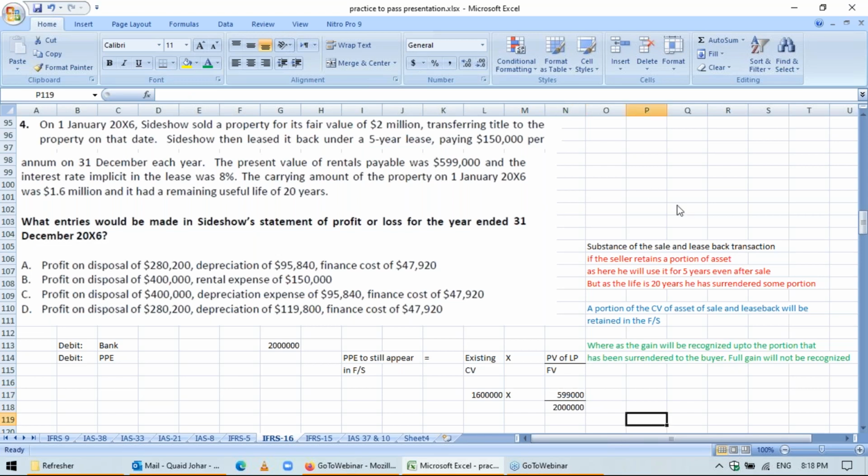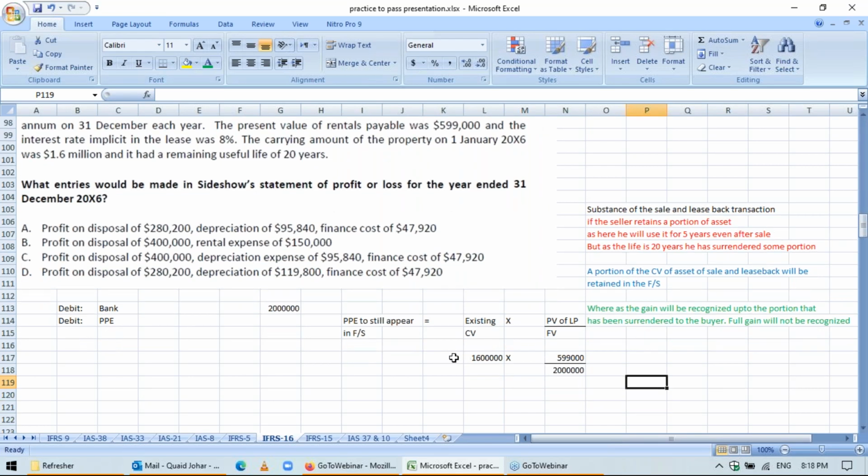So this is the retained portion of the carrying value, which makes $479,200. So this needs to be debited, 479,200.